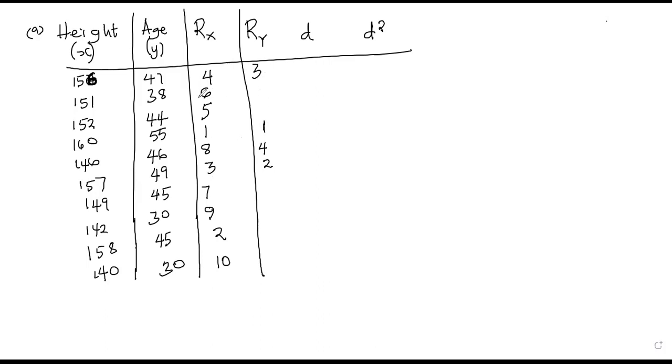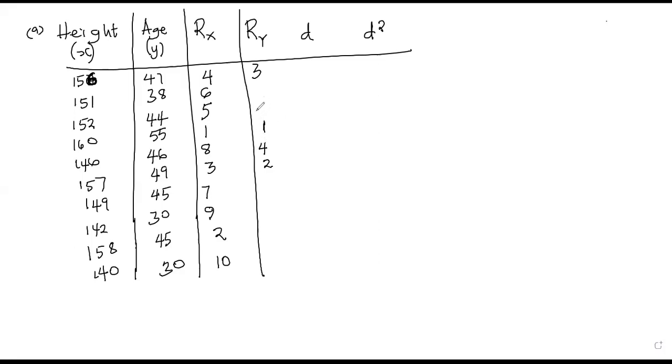Then 45, there are 2 times. So this one would be 5 and this one would be 6. Then you take the average, 5.5.